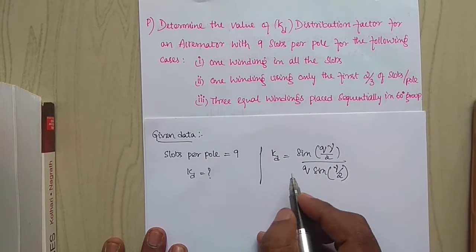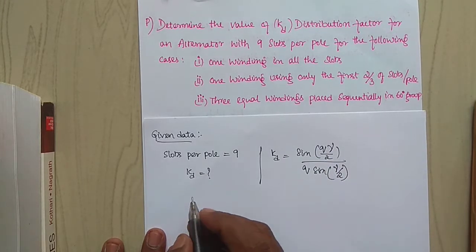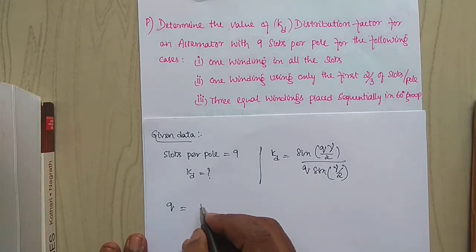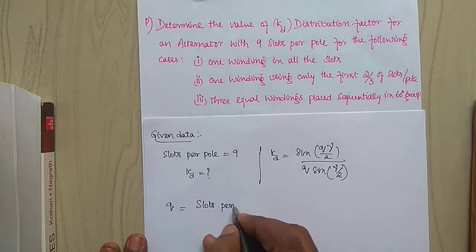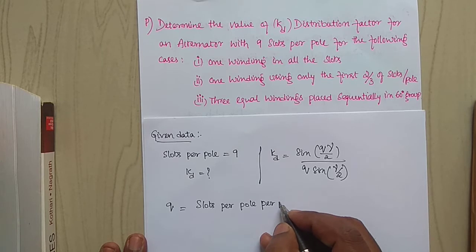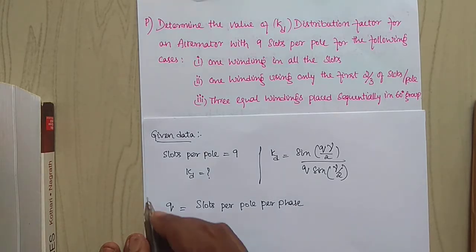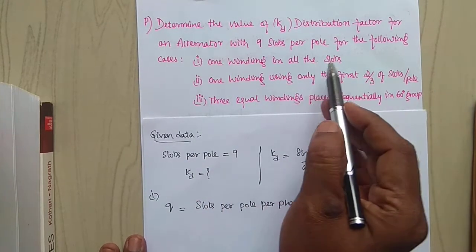So we have to determine the Q value and the gamma value. What is the Q formula? Q means slots per pole per phase. In the first question they are asking for one winding in all the slots.